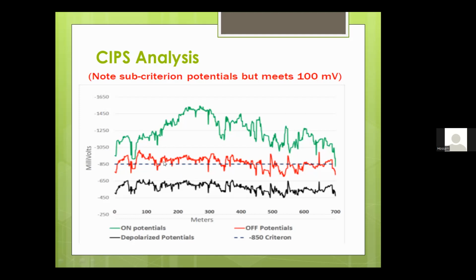So it's clear when we compare the off potential to the criteria, we found areas which are below the criteria, like this, and here, and all this area are below the criteria. So after doing the closed interval potential survey, we can identify the positions which do not satisfy the criteria of cathodic protection and then apply mitigation for these areas.